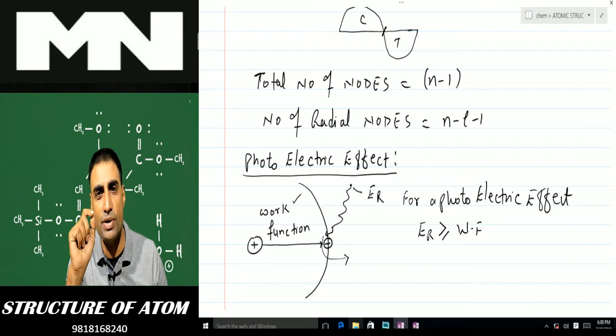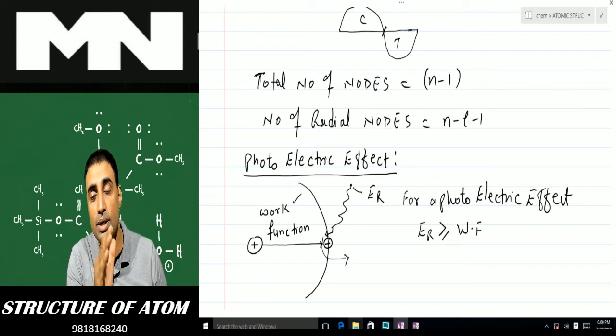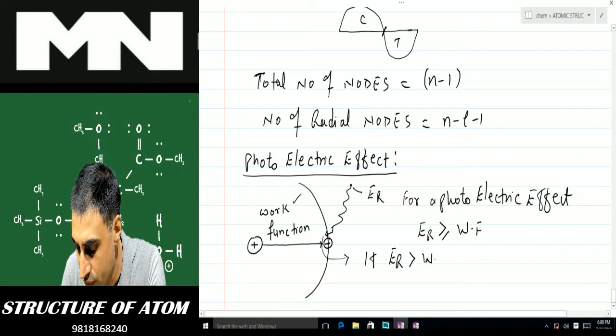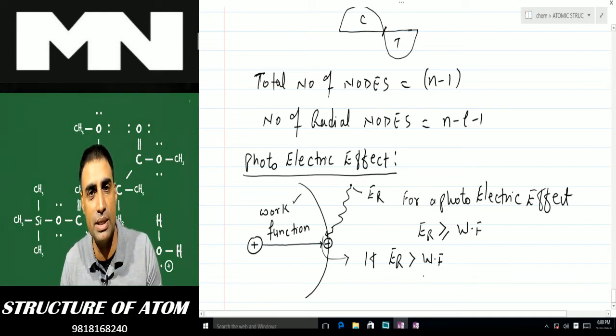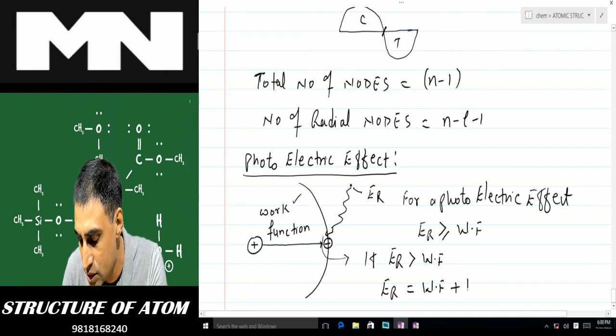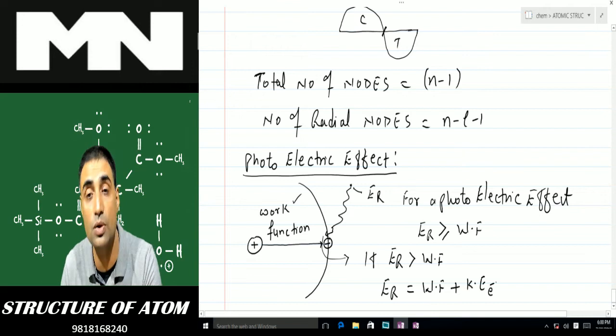So if a photon of 11 kilojoule strikes an outer bound electron, it provides 10 kilojoule to take out that electron and the remaining 1 kilojoule becomes the kinetic energy of the electron. So to observe photoelectric effect, the energy of the radiation has to be equal to or greater than work function. We'll see both the cases. If energy of radiation is more than work function, then it is partially used to overcome the work function and partially used as kinetic energy of the electron.